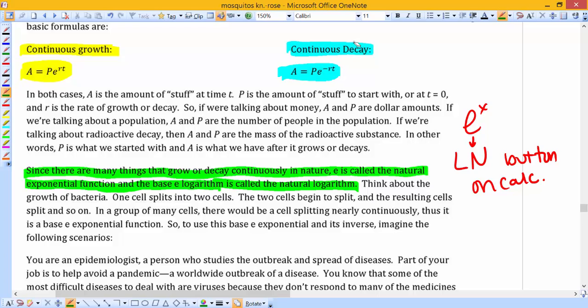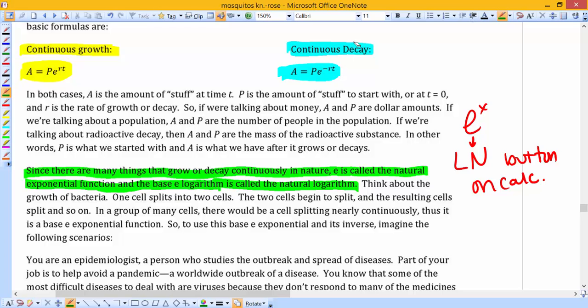I have highlighted in green here a really good way that they're describing what exponential is, what e is. And e is the natural exponential function that occurs in nature. For example, if you get sick and you have a germ, how fast that germ is growing in your body.